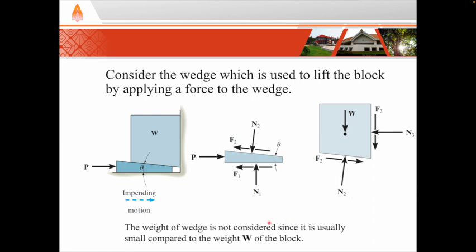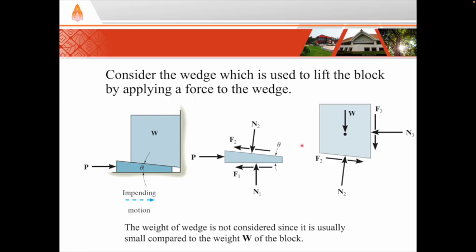And the last thing to consider is the impending motion. Depending on whether this block is being pushed or it's not being pushed and the weight is pushing down, we have to consider what is the motion that the wedge may be trying to move, and therefore draw our friction forces going against the impending motion, just like is shown in this diagram.